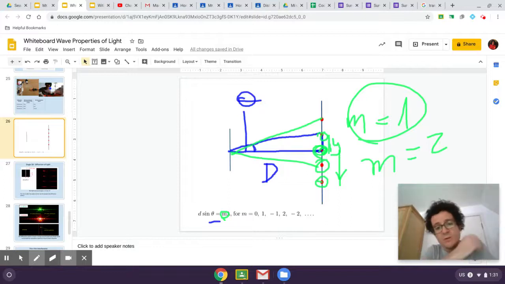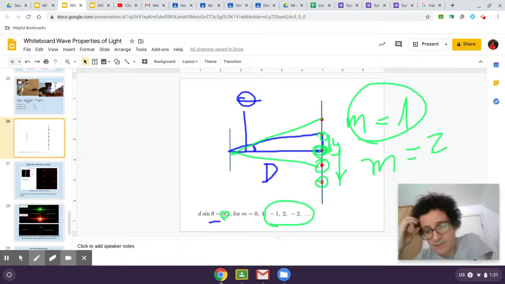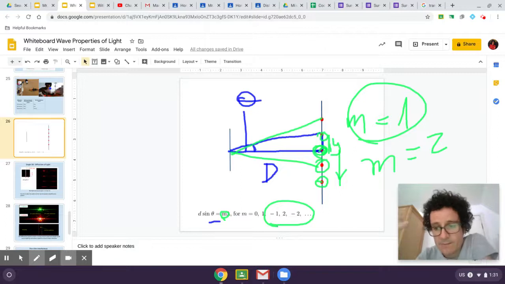Well, in this case it's -1 and -2, but at the end you're going to have the same result. It's just how many dots there are from the one in the center.